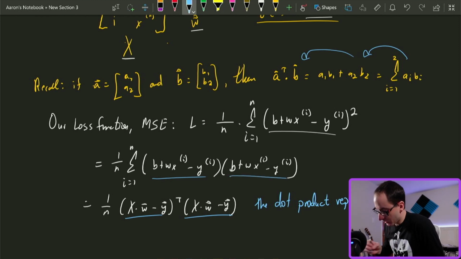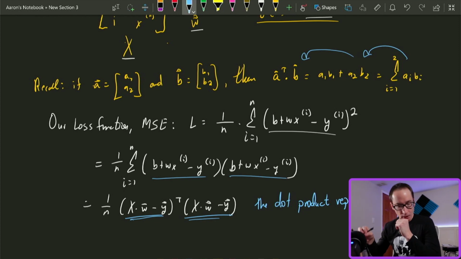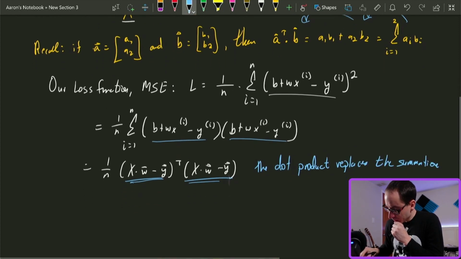And this piece right here, I'm taking the product of those two items and adding those together. So that is the dot product of this vector here and that vector there. So the dot product replaces the summation, is what I was writing down in the notes. Okay, good. So that's pretty useful so far.